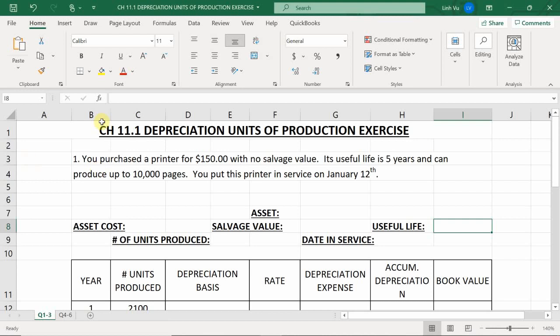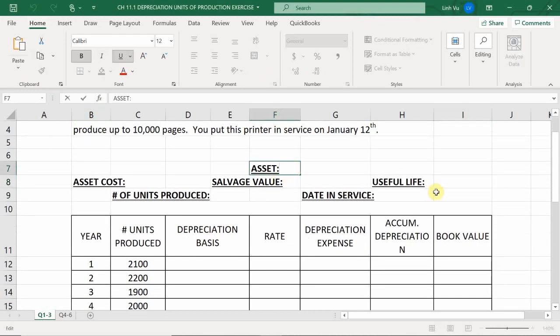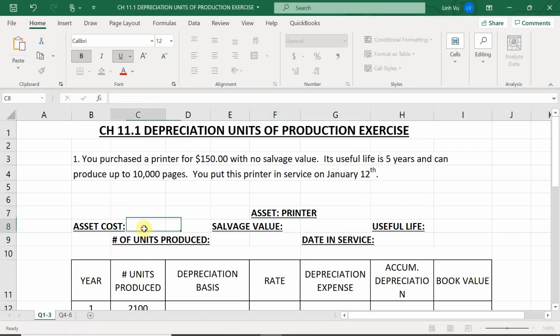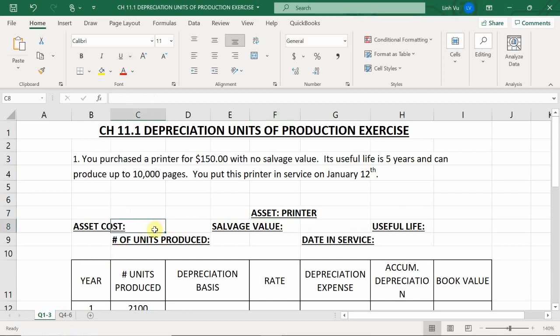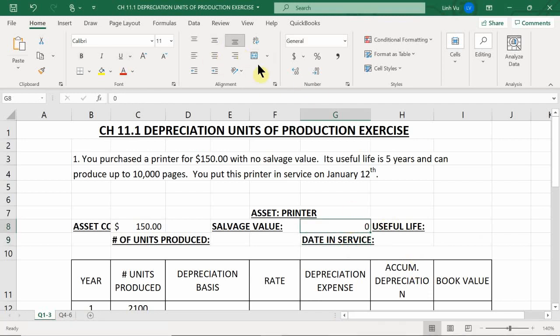So let's go ahead and fill in the information here. What kind of asset did I buy? A printer. How much did that printer cost me? $150. Was there a salvage value? No salvage value. Does it have an estimated useful life?